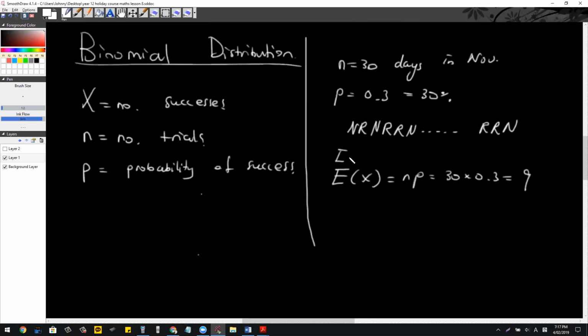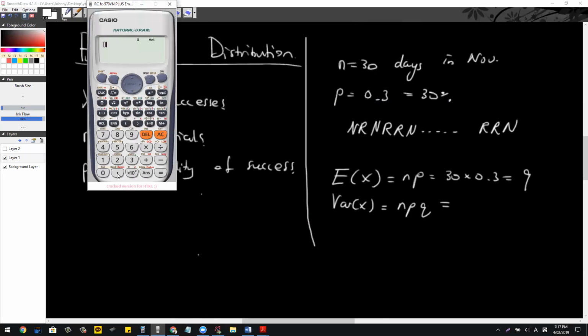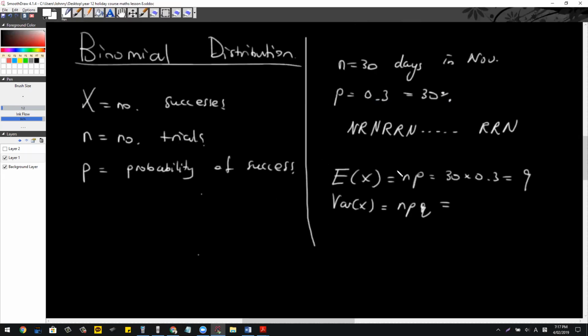The variance for this was equal to NPQ, so that's 30 times 0.3 times 0.7, where Q is simply 1 minus P. That's 6.3. This is NP(1 minus P).